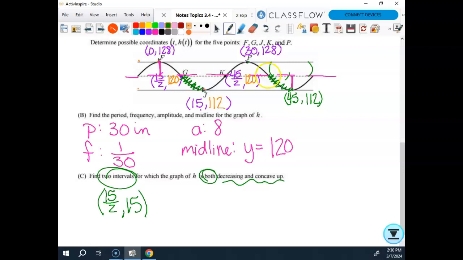Right here at this point. 75 over 2. Very good. And what's your y value? 120. Do we actually care about the y values to answer this question? No, but we can figure them out, so it's fine. So then that interval goes from 75 over 2 to 45. Okay?